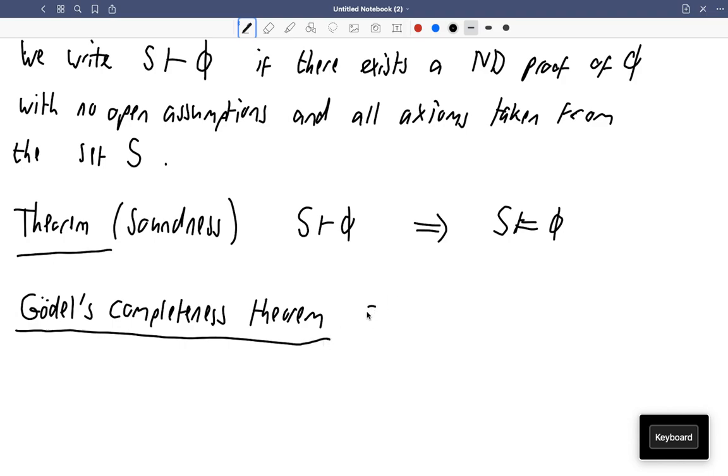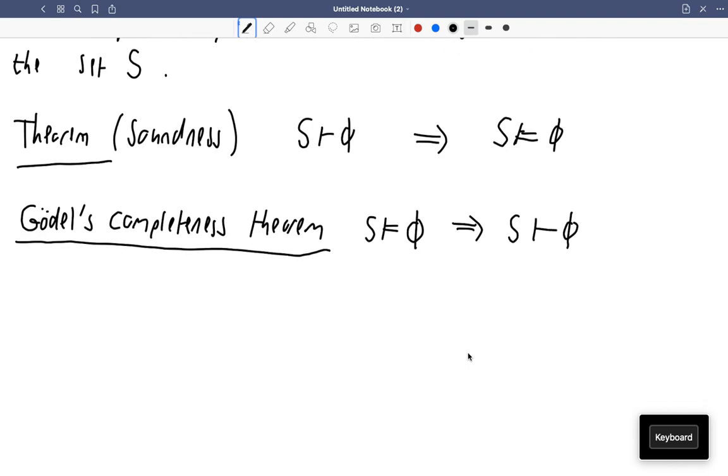And this is that if a set of sentences S entails a sentence phi, then we actually can prove that. So we have a proof of phi from the set of sentences S, all of whose axioms come from the set of sentences S.